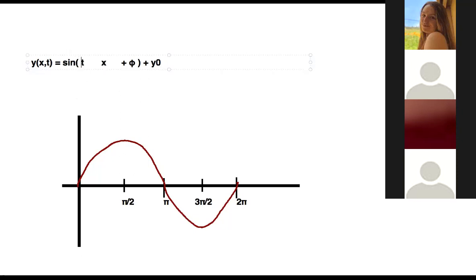What could you multiply time by to convert it from seconds to radians? 2 pi. Yeah, the 2 pi represents one full cycle worth of radians. But we also want to cancel out seconds. So we're going to divide it by what?